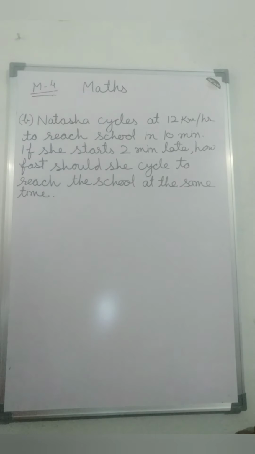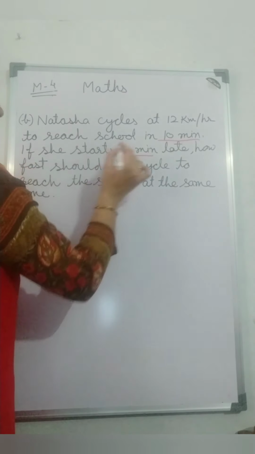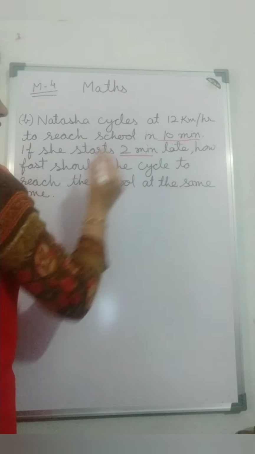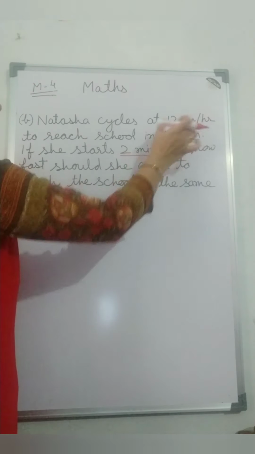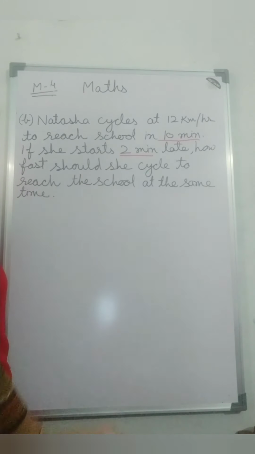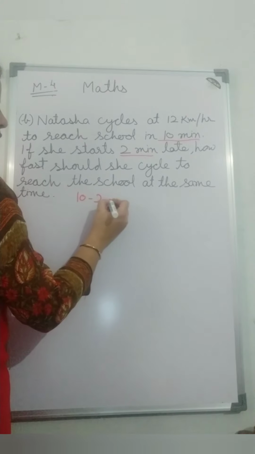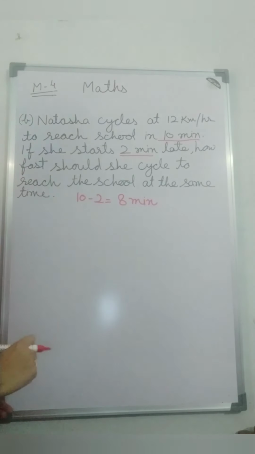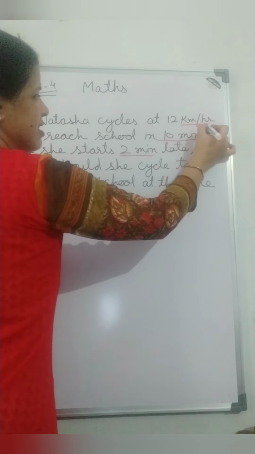Here times are given to us, but the catch is, if she starts 2 minutes late, it means she has to cover the same distance in 10 minus 2 is equal to 8 minutes.